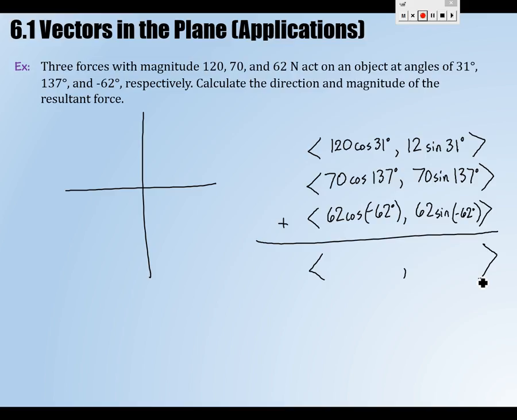Do you see the way in on this? Can you do this with lots and lots of forces? Absolutely. Nobody cares though, so I'm not hurt, it's okay.